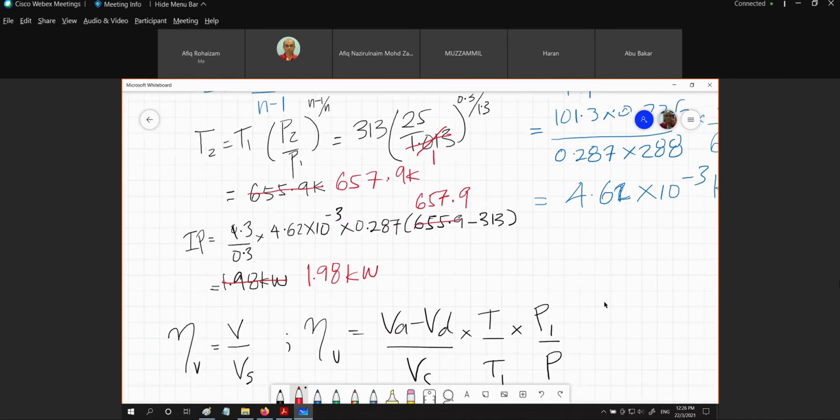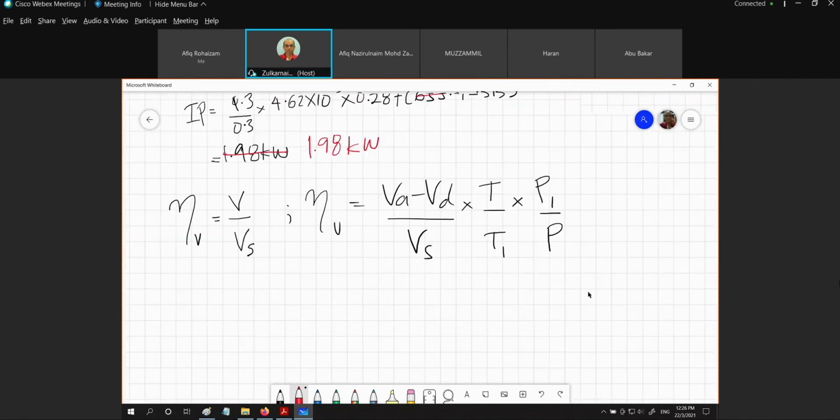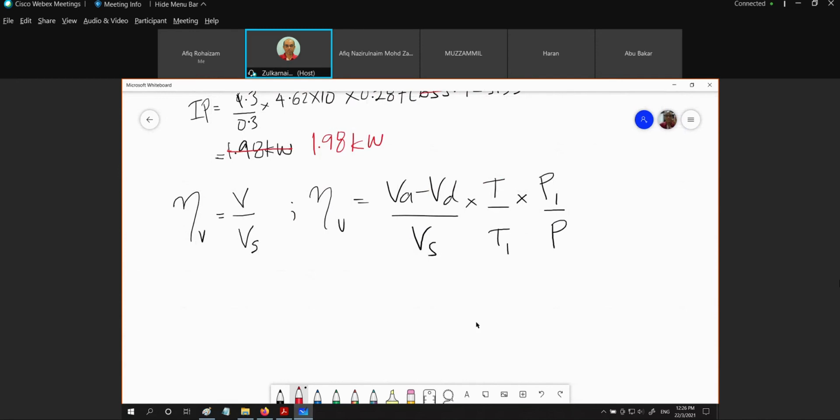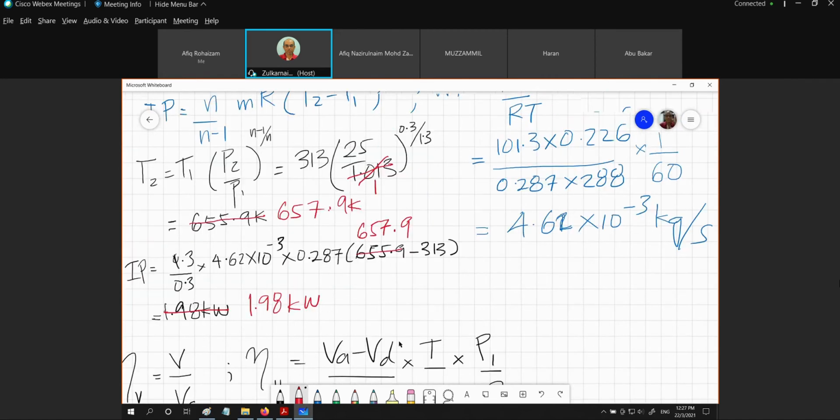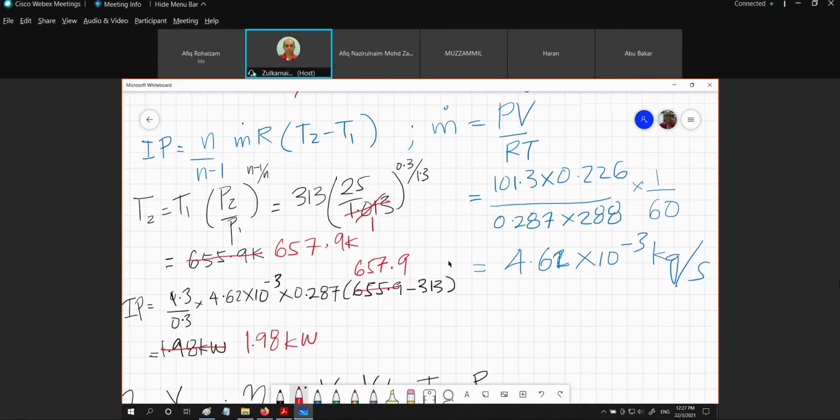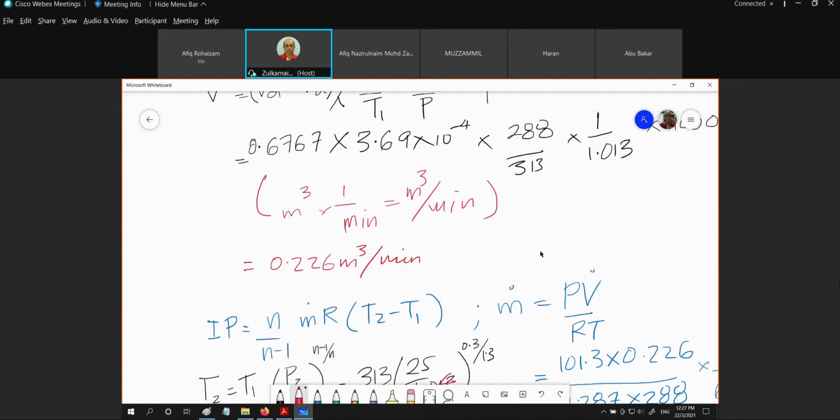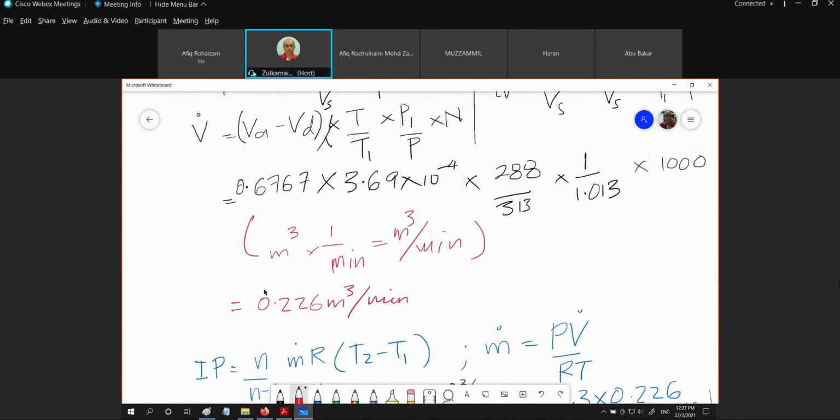Okay. And then volumetric efficiency, kalau kita gunakan yang ini dulu, ini sama dengan V. So berapa V kita dapat tadi? Ni V kita correct? 0.226.